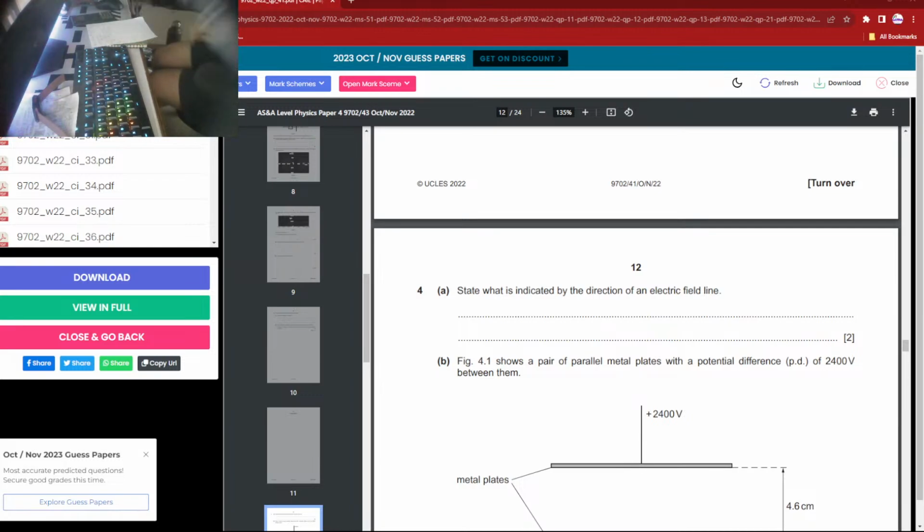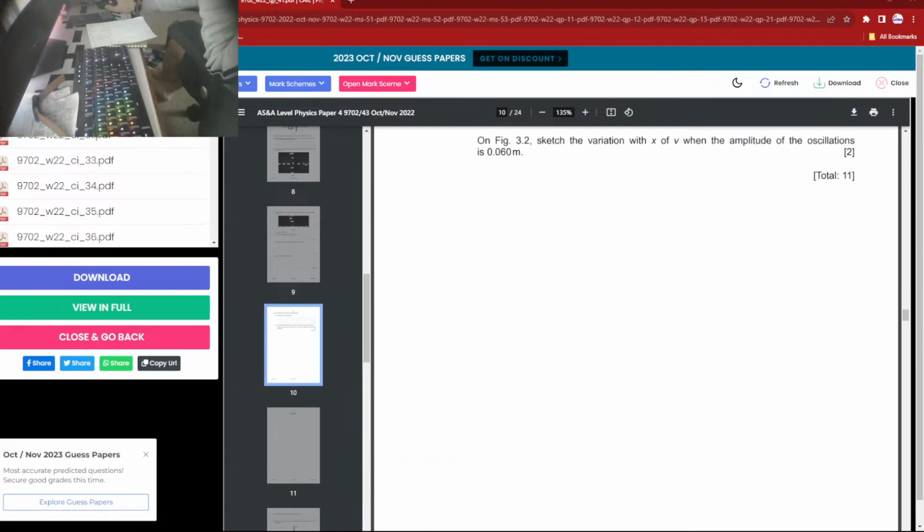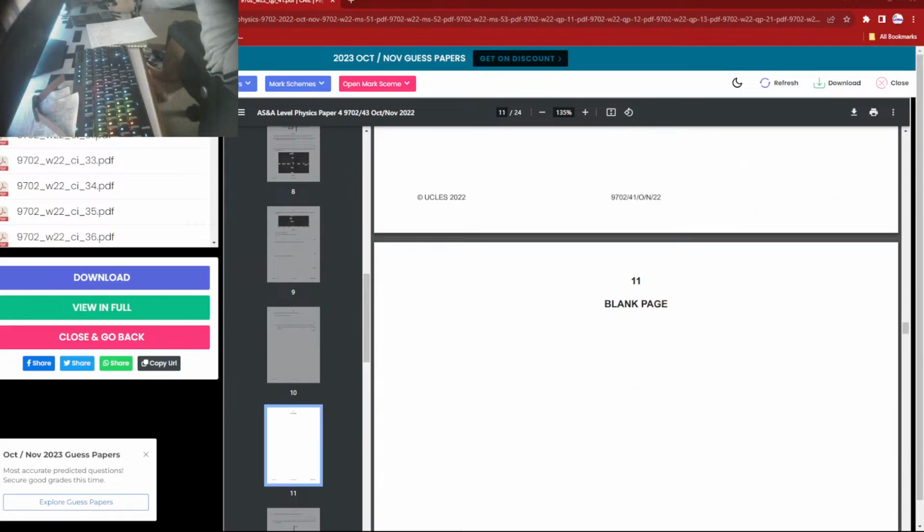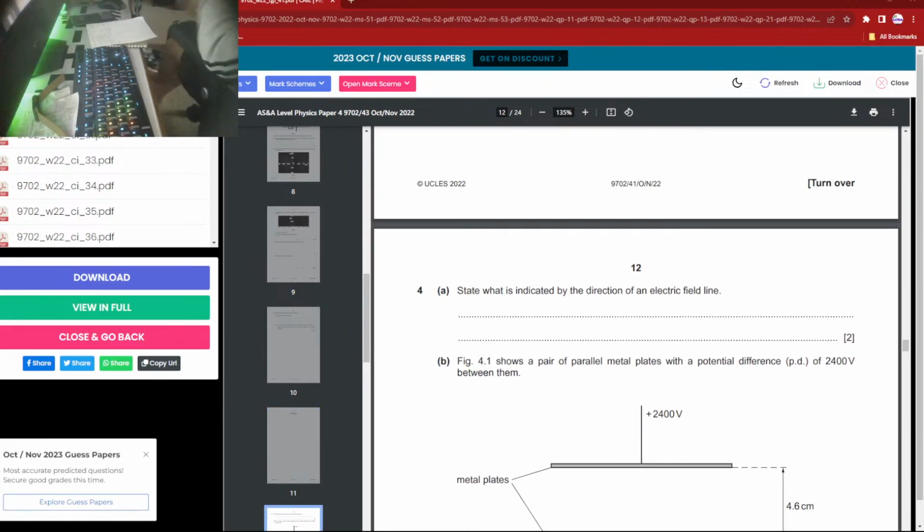For A, state what is indicated by the direction of an electric field line. Let me read the question. Okay, next one. State what is indicated by the direction of an electric field line. So, direction of an electric field line will be... what's this again?